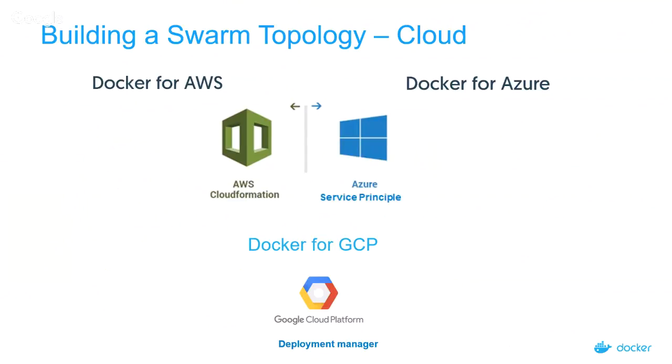So you will have a Docker Swarm mode cluster set up. The same thing happens on Azure, where it uses a service principal concept and brings up your Swarm. On GCP, we do it with Deployment Manager or the CLI. There are two APIs, so you can use both to set it up.